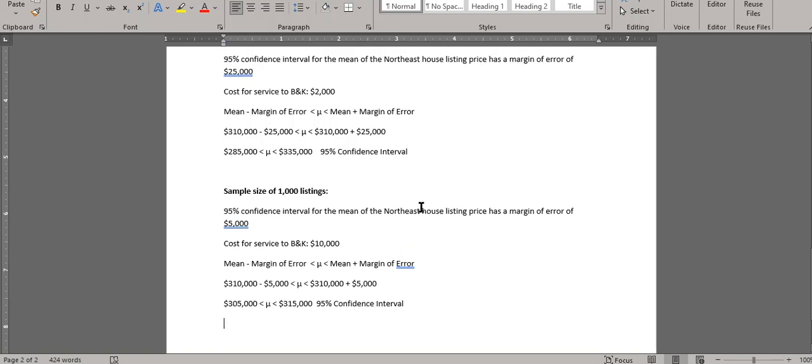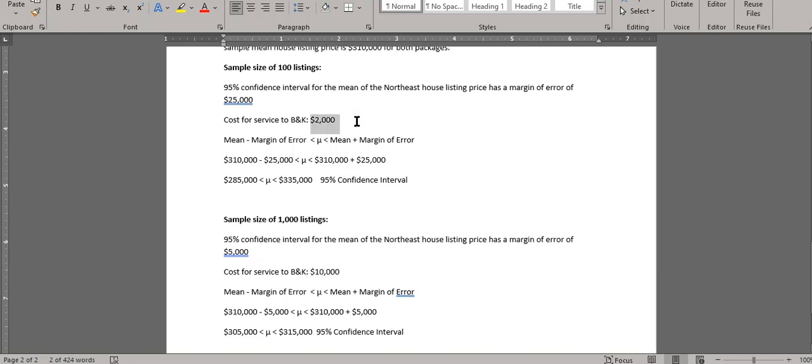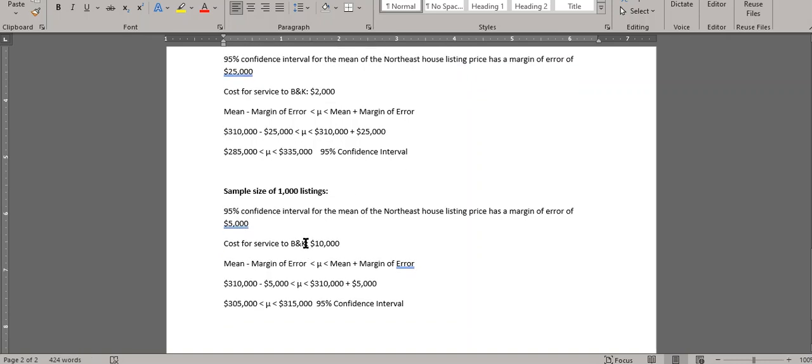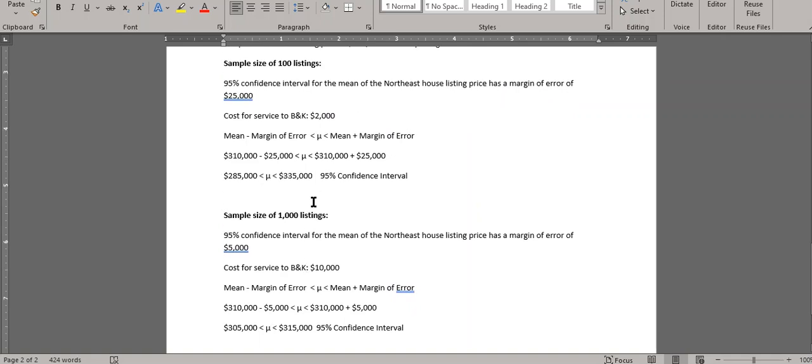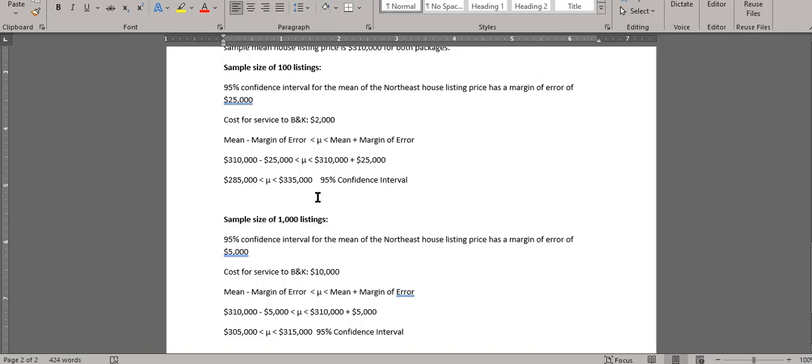So to answer part of this question, it would cost more to do this analysis for 1,000 listings. It's $10,000 versus 2,000. However, the question is, does the company value accuracy?